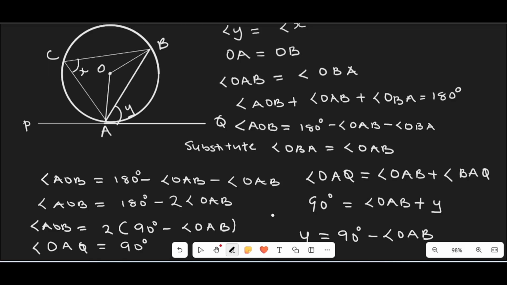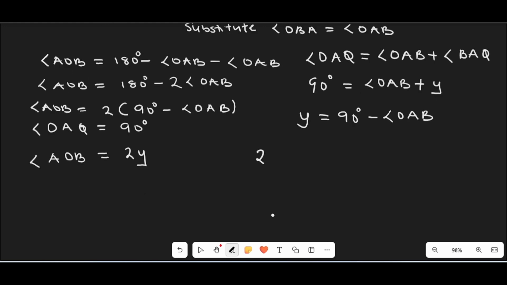We know that the angle at the center of a circle is twice the angle at the circumference of the circle. So we can say 2 multiplied by angle ACB equals angle AOB.